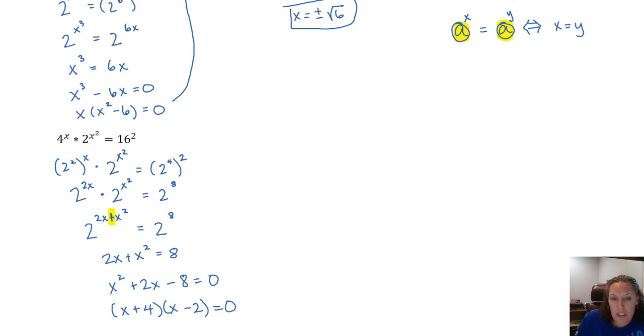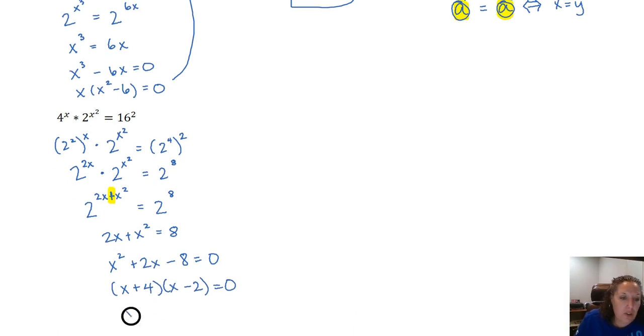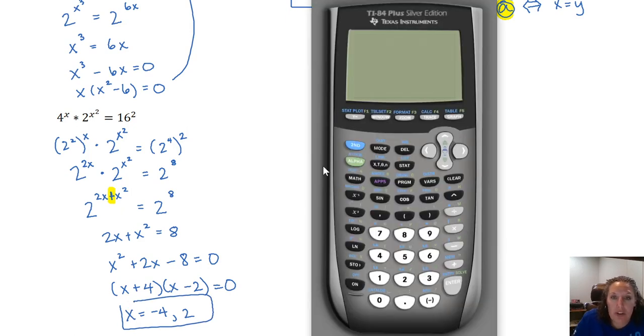So when we solve that, set each of those factors equal to 0, we're going to get x equals negative 4 and positive 2. You can check all of these answers using your calculator or plugging back in, whichever works. If you use your calculator, you're going to have 4 raised to the negative 4th times 2 raised to the, make sure that negative 4 you put in parentheses because you want to square the negative as well.